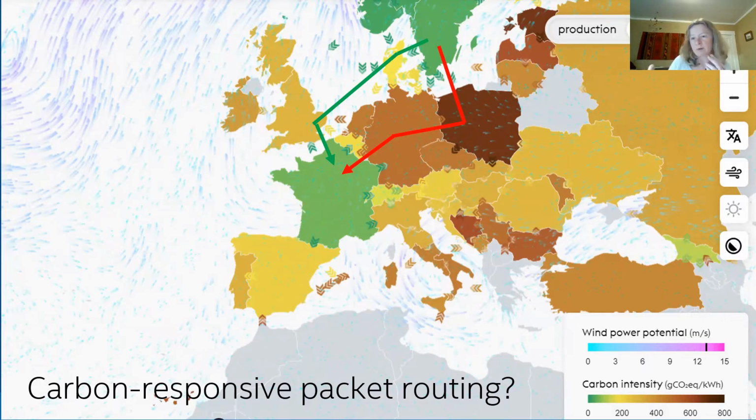So for example, if I am in Sweden and I need to send something to Paris, as a network, I can make choices about whether it should be routed through Poland or through London. Of course, where the trunk cables are limits this severely, but in places where there are choices, they could be available to us in a way that they're not today.